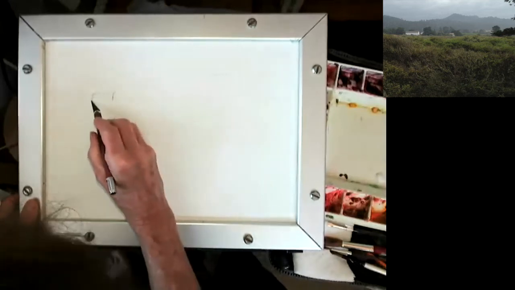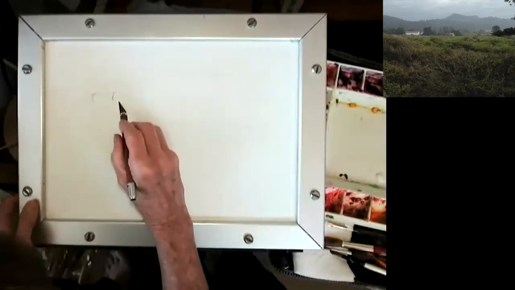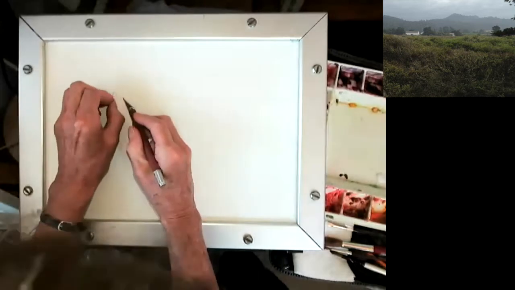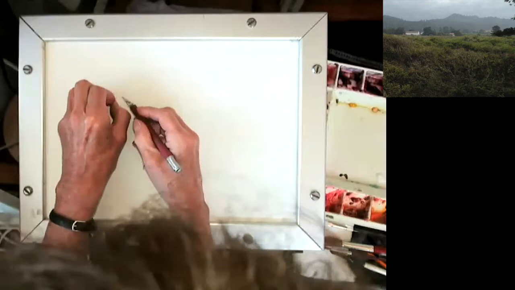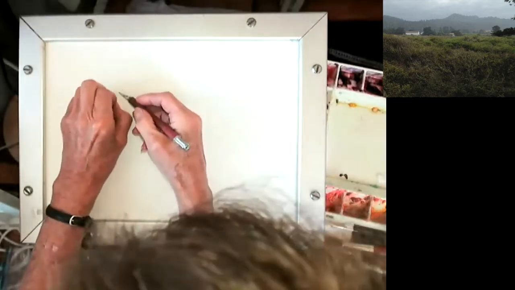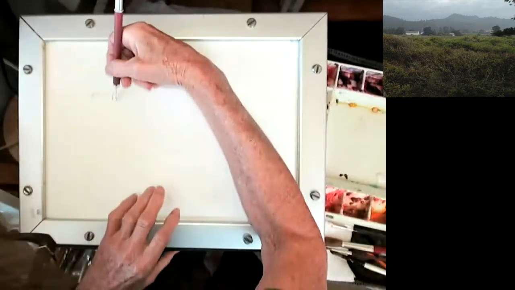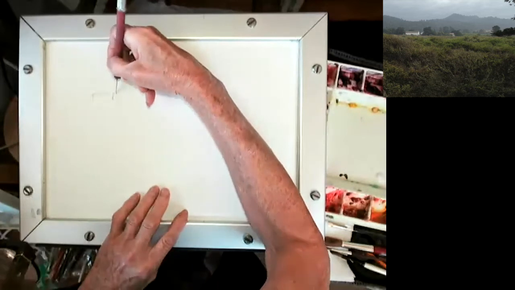Okay, now I have to lift the tape and remove the part that I want paint on. Hopefully this cut, because it's not a very good X-Acto blade.